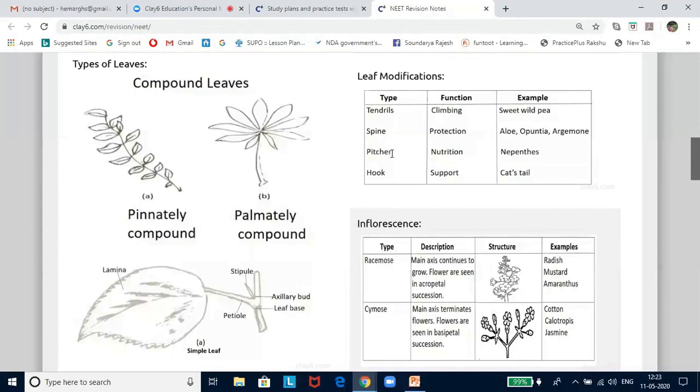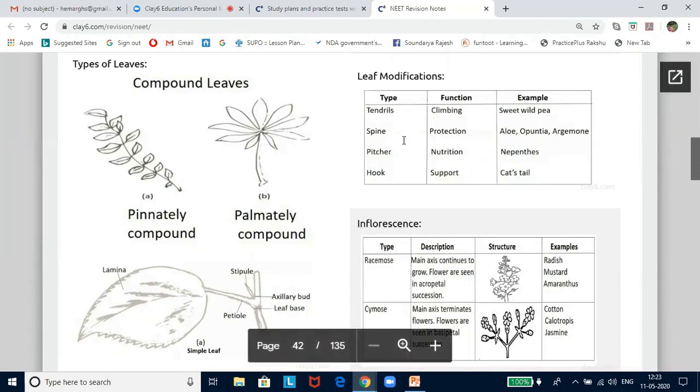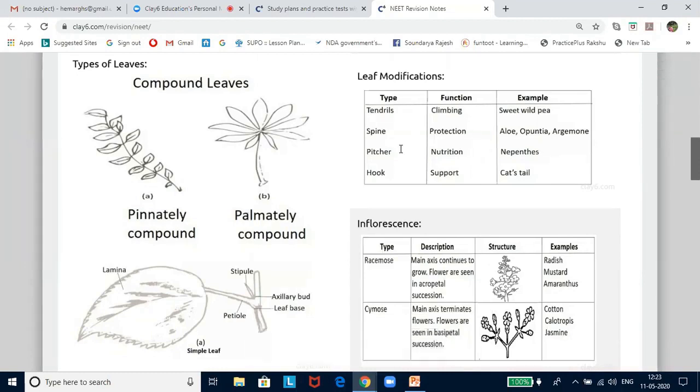If you look at a pitcher plant, its leaf blade gets modified into a pitcher so that when an insect sits on it, it gets trapped, the insect is totally digested, and the nitrogen from the insect's body is absorbed. This is how it gets its nitrogen content. This is seen in Nepenthes, the botanical name for pitcher plant.